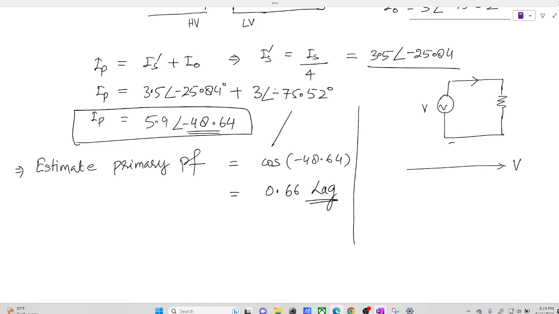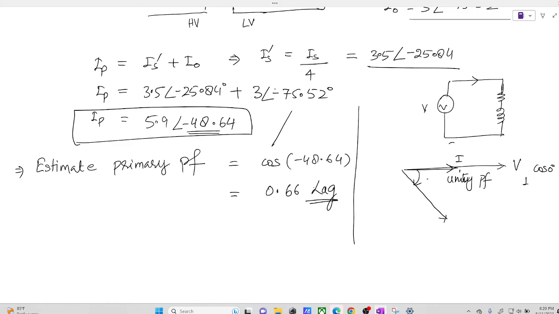Then current is directly in phase with voltage, so we call it unity PF, because the angle between V and I is 0, so it is cos 0, that is 1, unity power factor. When you replace this load by R and L, the current will no longer be in phase, it will be lagging the voltage.